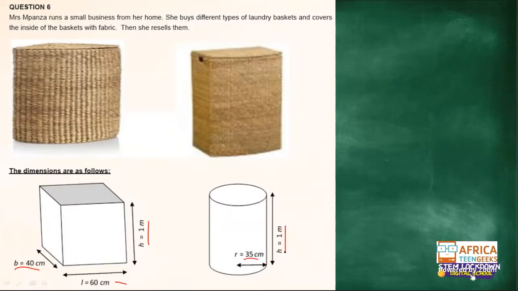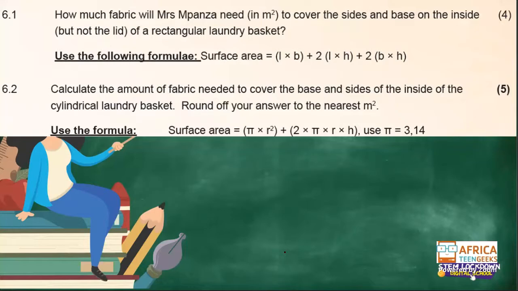Right? So this one seems simple. Question 1, how much fabric will Mrs. Mpanza need in square meters to cover the sides and the base on the inside, but no lid, of the rectangular laundry basket, right?